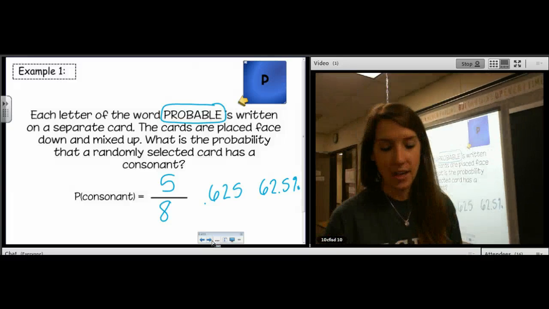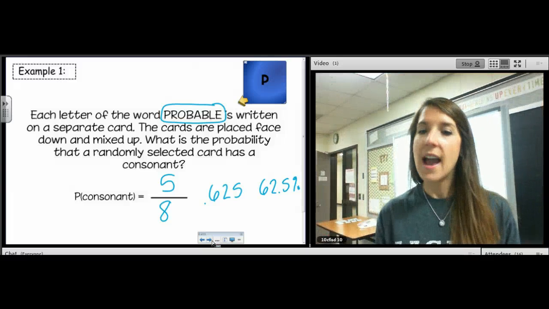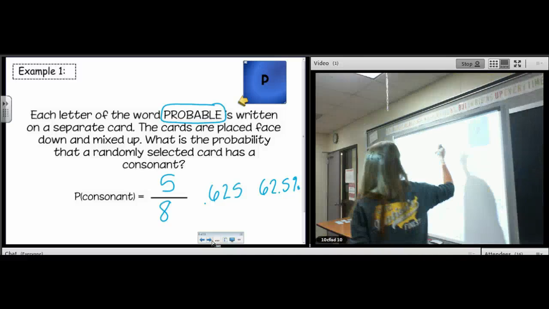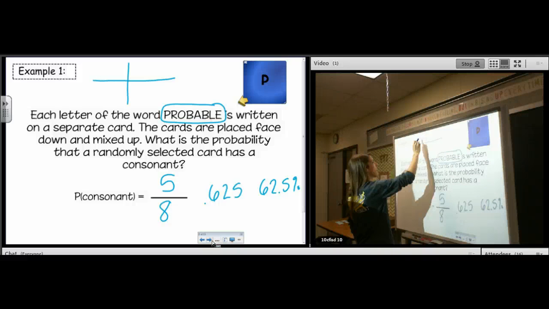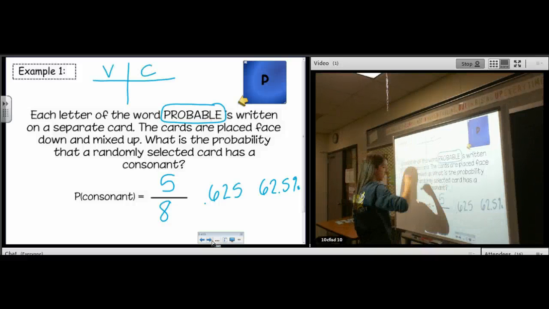Sorry, I'm closing the door because that was getting loud. Okay, now let's actually conduct the experiment. Let's see how many times we get a consonant out of 8 times. Let's do it 8 times since our denominator is 8 right here. So we'll do vowel, consonant.